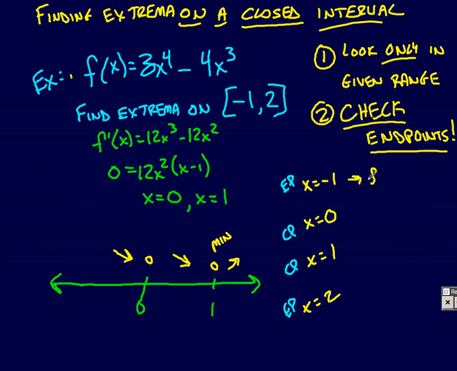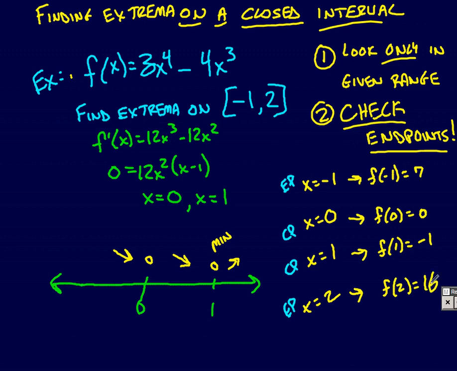So f of -1, when I plug that in, I should get 3 plus 4, which equals 7. For 0, f of 0 is equal to 0. For 1, f of 1 will equal 3 minus 4, which is -1. And then f of 2 is equal to 16.